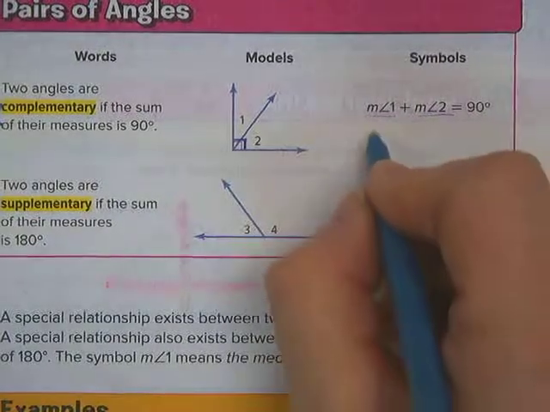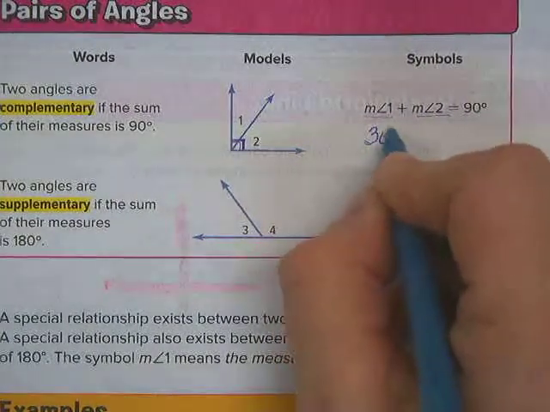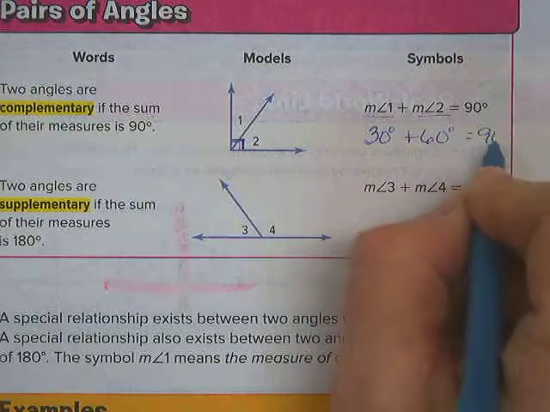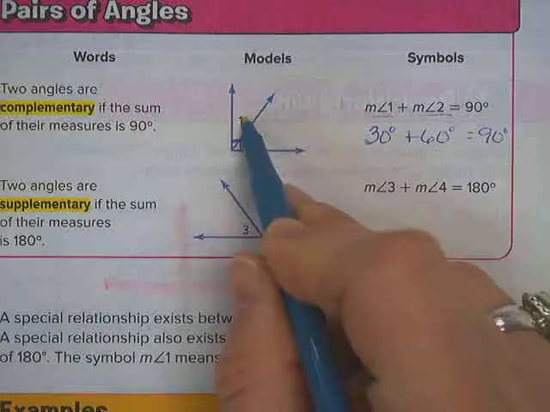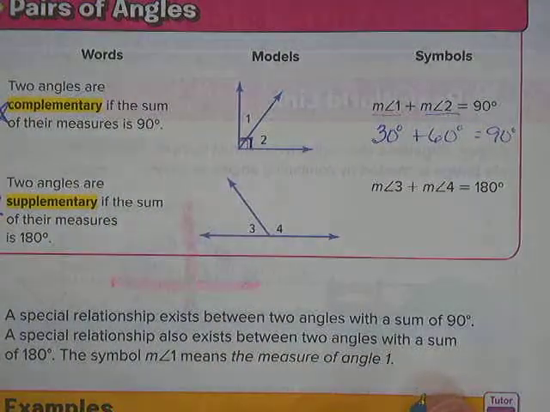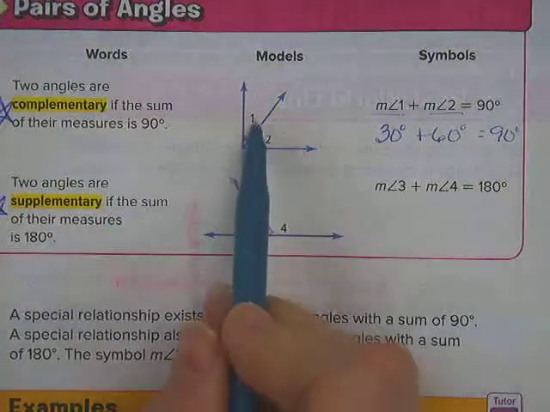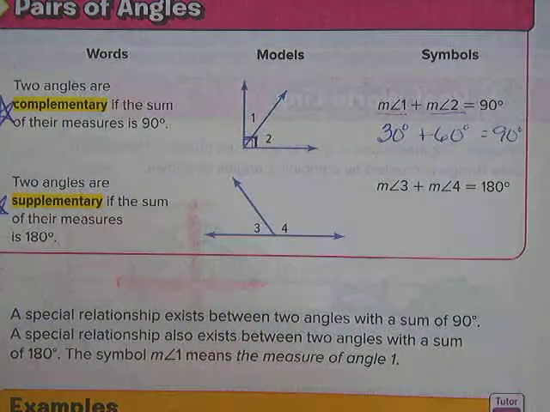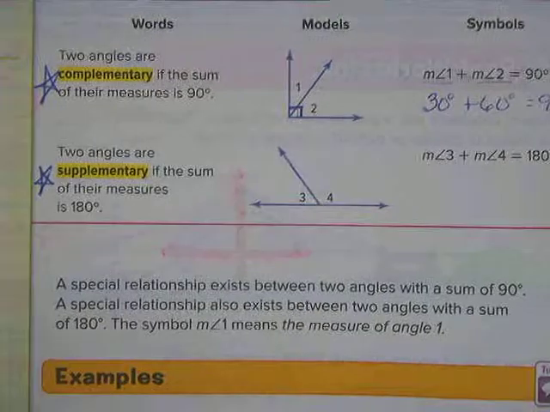Okay, so let's write in some examples here of what this could be. So let's say 30 degrees plus 60 degrees equals 90 degrees. That's one possibility that these two things could be. So complementary is when the two angles add up to be 90 degrees.